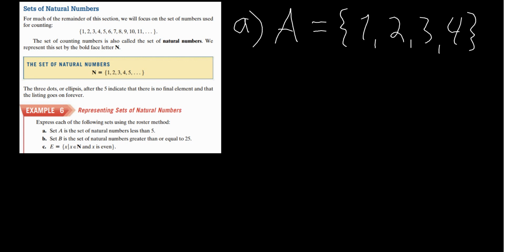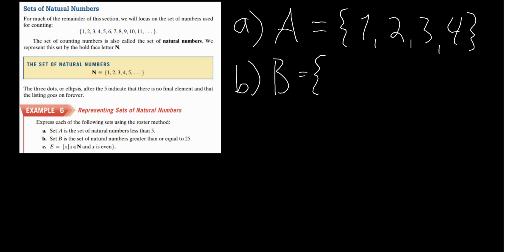Set B is a set of natural numbers greater than or equal to 25. This could get kind of messy, except I'm not going to be writing 25 to 1,000 to 2,000. I'm not writing every number to infinity. I'm going to use the handy dandy ellipses. So set B is all the numbers that are greater than or equal to 25.